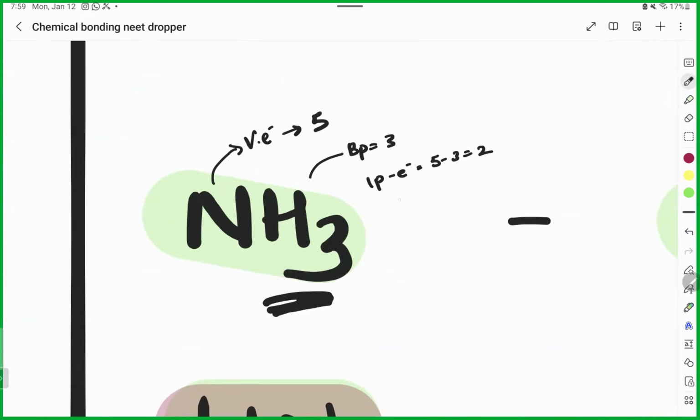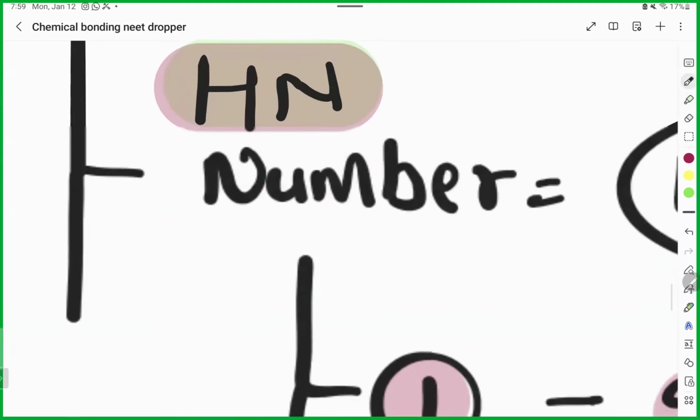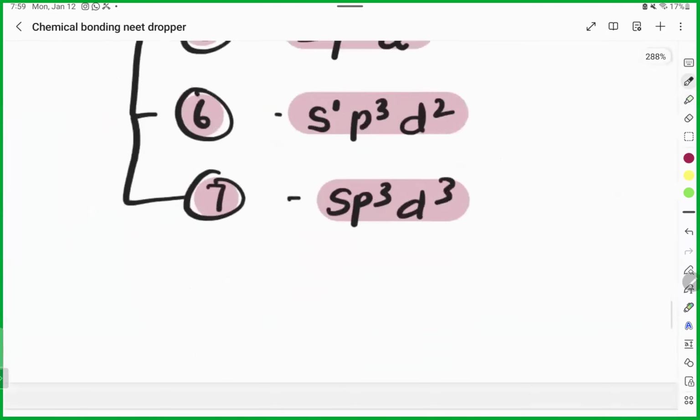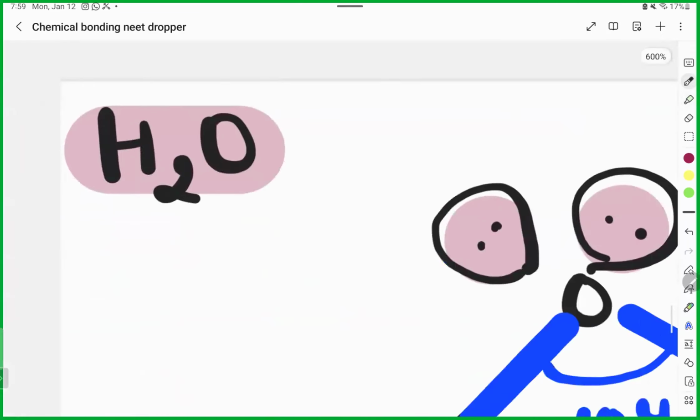What will be number of lone pairs? 1. Lone pair electron 2, lone pair 1. Okay. Right? And we know our hybridization number is equal to bond pair 3, lone pair 1. So what will be hybridization? SP3.